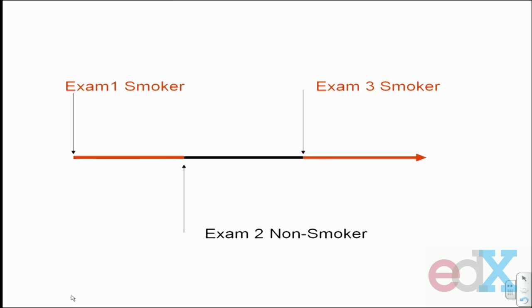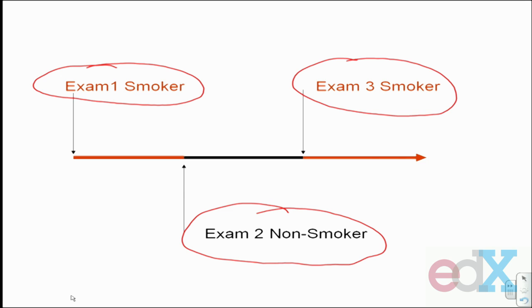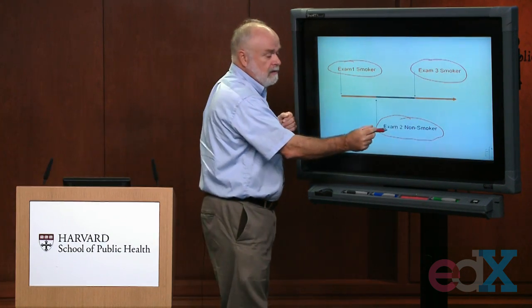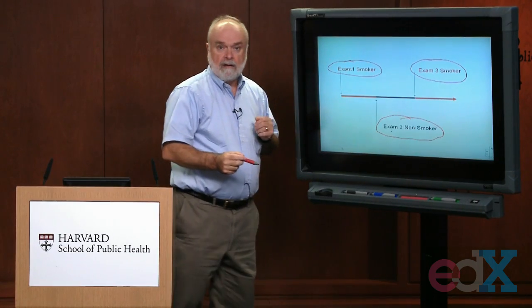So for example, this is a simple diagram. Say in your data set you have a person for whom you have information at exam number 1, that was the 1956 exam, information at exam number 2, that was like 6 years later, and information at exam 3. Maybe at the first exam that person's value for smoking was, yes, I'm a smoker. At the second exam, he's a non-smoker. At the third exam, he might have started smoking again.